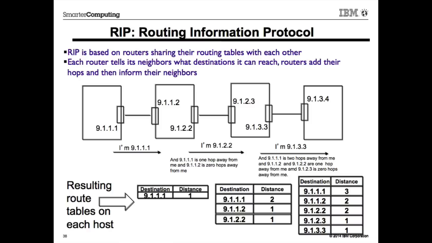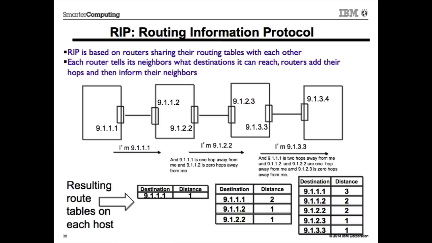Then he tells his neighbor, I'm 9.1.1.3, that's my IP address, and by the way, 9.1.1.1 is 2 hops away from me, 9.1.1.2 and 9.1.2.2 are each 1 hop away from me, and 9.1.2.3 is 0 hops away from me. So the fourth host adds to his routing table saying 9.1.1.1 is a distance of 3 from himself, the others are 2, and the others are 1.